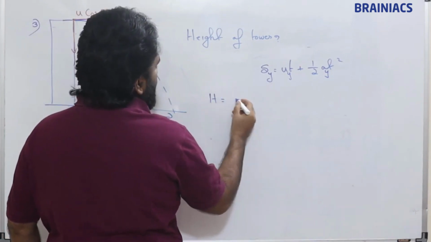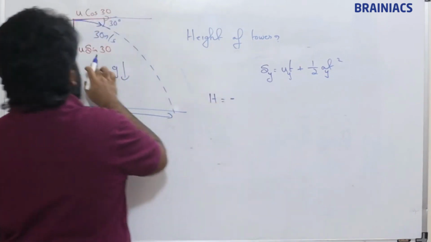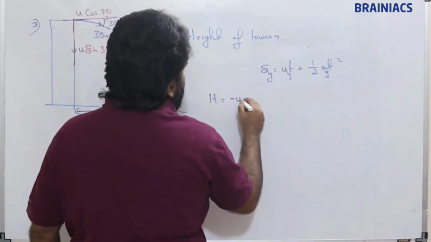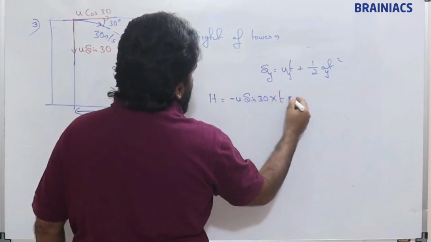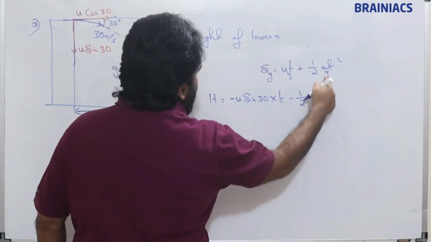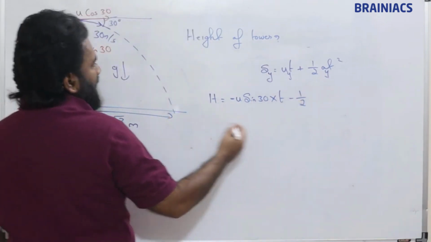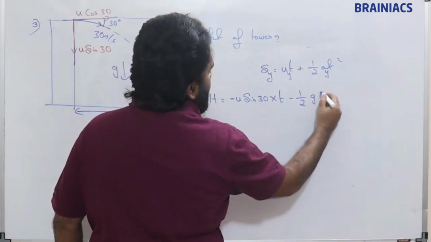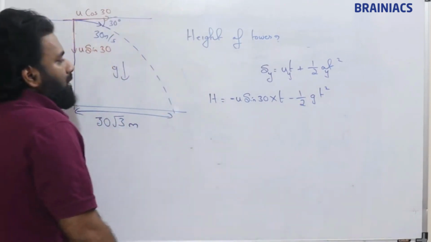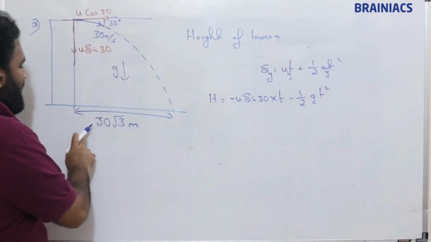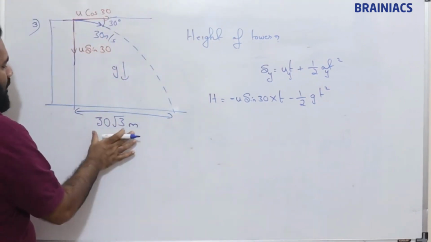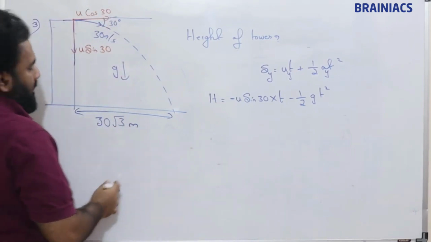So height is equal to u sin 30, which is in negative direction, so u sin 30 into t minus half ay t square, where I have used minus since it is in negative direction. Here I don't have the value for t, so we can find that using horizontal direction and horizontal velocity.